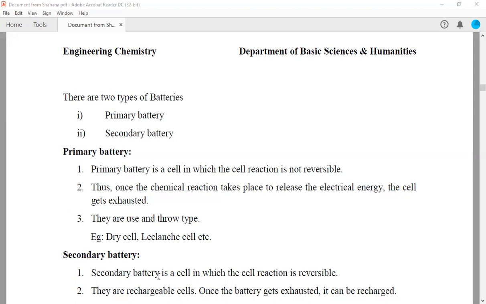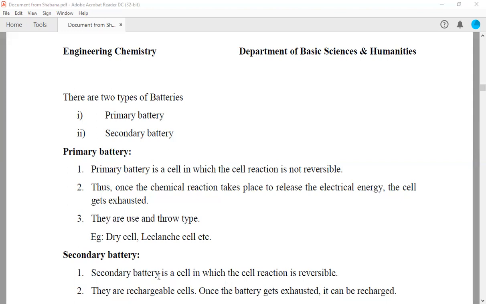High efficiency is calculated using the formula: energy released on discharge divided by energy required for the discharge, multiplied by 100. High cycle life is required, which is the number of charging and discharging cycles before failure.